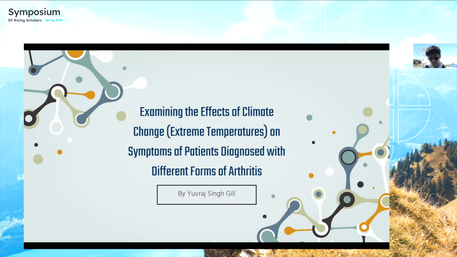This is huge because, especially with osteoarthritis, we're going to be focusing a lot on seniors and the more elderly groups in society and how climate change really affects them. Finally, we're also going to be learning about acute gouty arthritis, or gout for short, which is a common, treatable arthritis. All three of these will go into much more detail in the later slides.